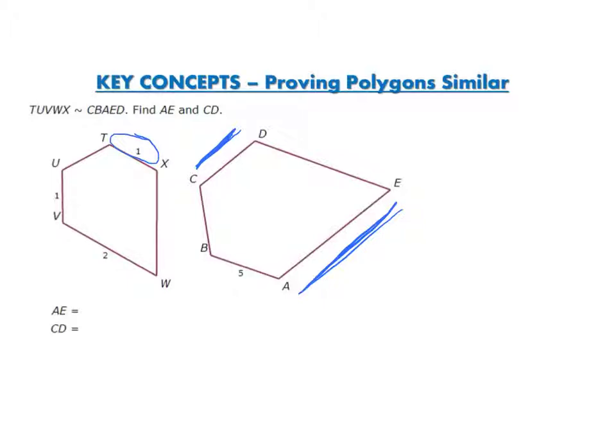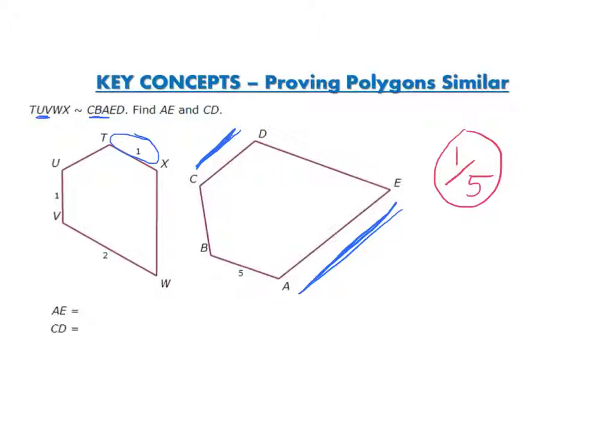That matches up with CD. Well, I'm looking for CD, so I can't do that. Let's see if UV matches. UV is the second and the third. Second and the third is BA. Okay, so here we go. UV is 1 and BA is 5. So my smaller one is 1/5 of the big one, or my big one is 5 times bigger.